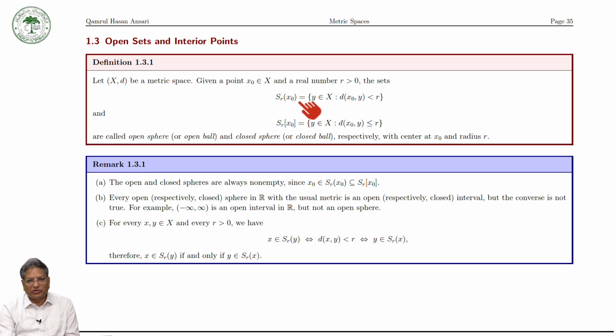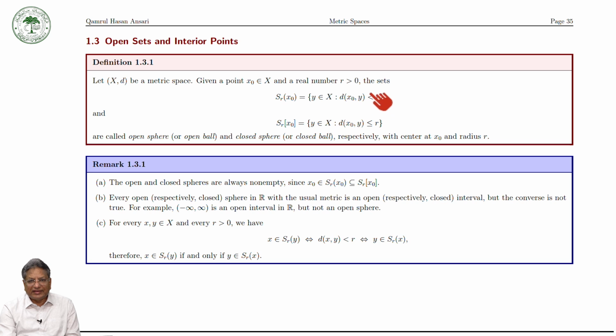It is equal to the set of all points y such that the distance between x naught, the center, and the point y is strictly less than r. And we write it in this way. Here we put the bar on the bracket, S_r[x naught], and we are taking the set of all points y in X such that the distance between x naught and y is less than or equal to r.